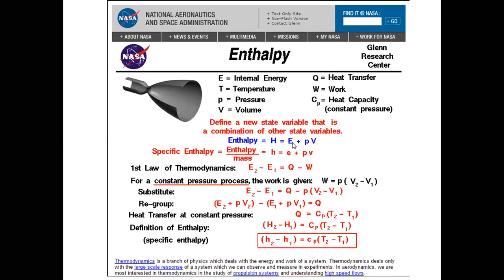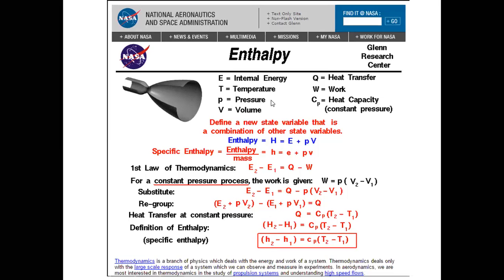For internal energy, we have used U, but on this website they use E. Under the enthalpy, see the letters: E means internal energy, T means temperature, and simple P means pressure, because no matter the size of the mass, pressure is pressure. There is no change. We call this an intensive property, because it has nothing to do with the size of the mass.